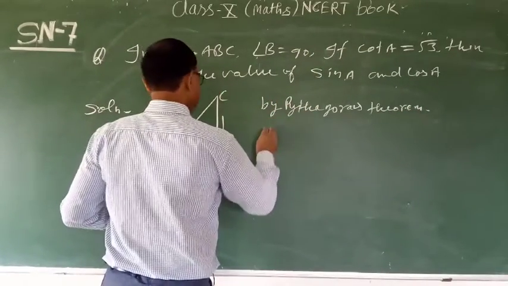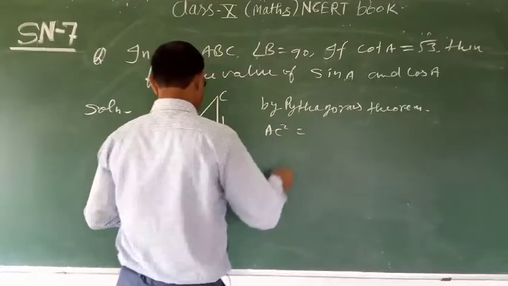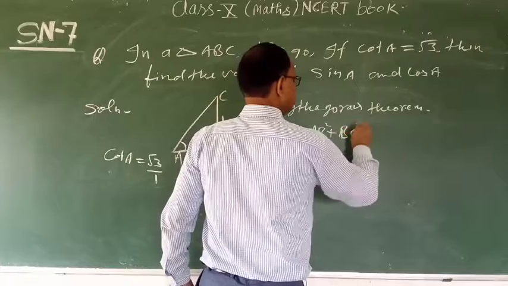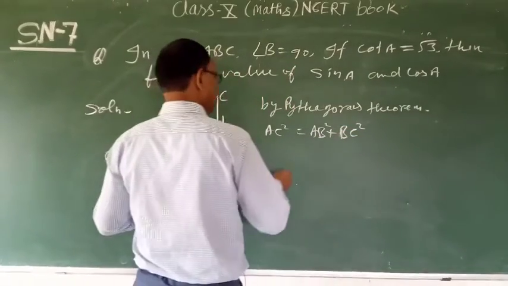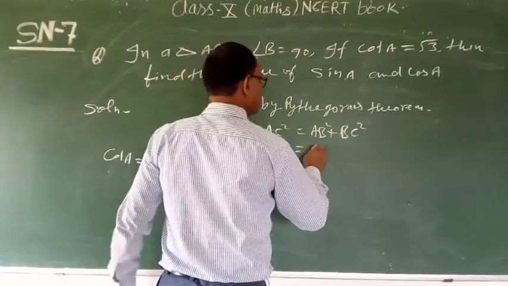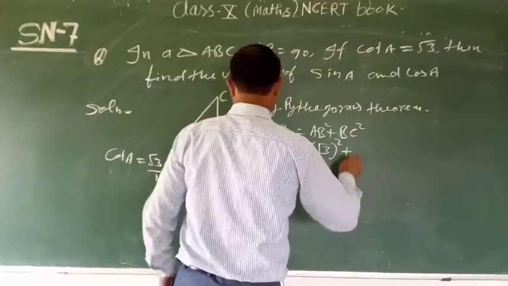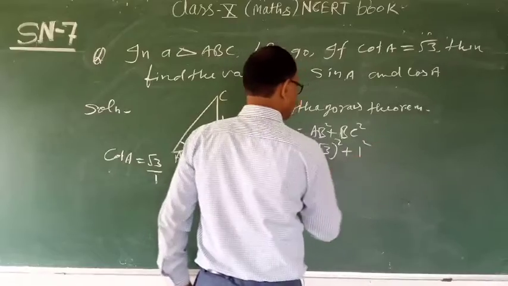Here AC square is equal to AB square plus BC square. Then we get the square of root 3 plus 1 square.